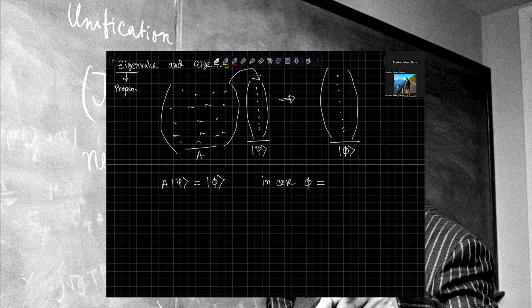However, in case phi becomes some lambda times psi, where lambda is a scalar, it can be a complex number, and that's okay. So if phi happens to satisfy this condition, then you can write this equation as A psi equals lambda psi.